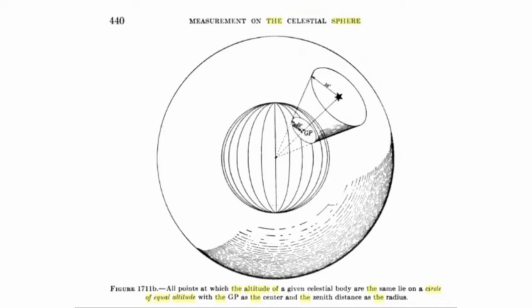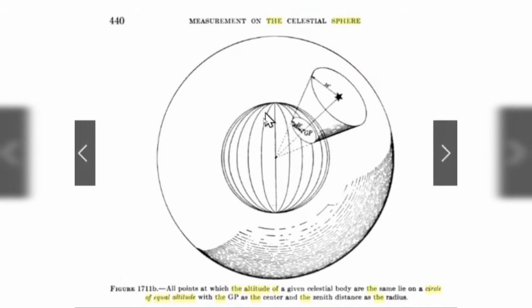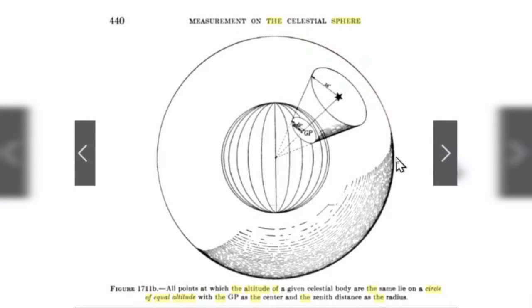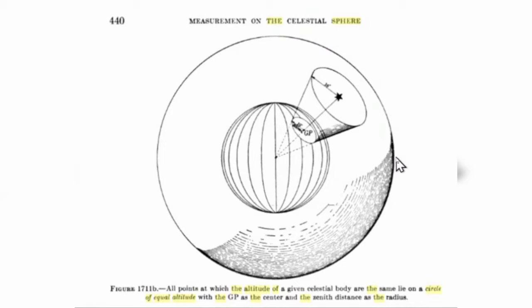Okay, it's up. First one is measurement on the celestial sphere. So you see a globe Earth, and then from the center where there's a vertex, that projection hits the surface of the globe Earth where you see GP and 10 degrees difference. It extends through space all the way to the infinite celestial sphere, to the inner part of the concave part of the celestial sphere.